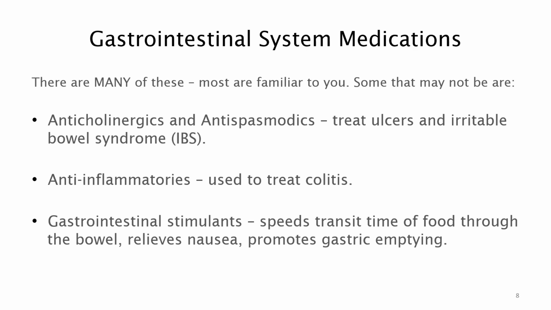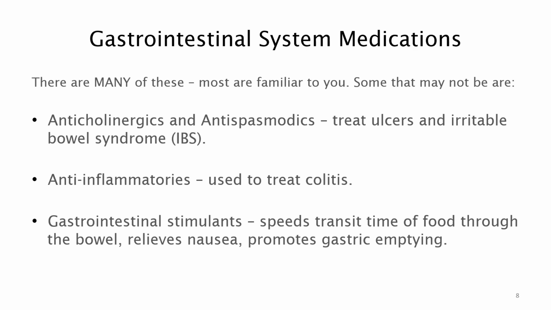So you could have medications that treat ulcers, irritable bowel syndrome, colitis, or the inflammation of the GI tract. We also will think about if somebody is having diarrhea, we need to slow down that diarrhea. Or if somebody is constipated, we need to do the opposite to get them to go.